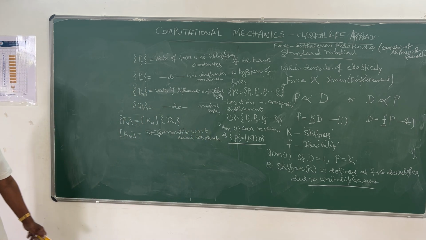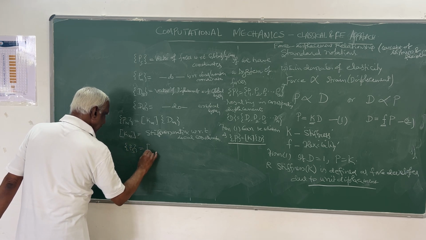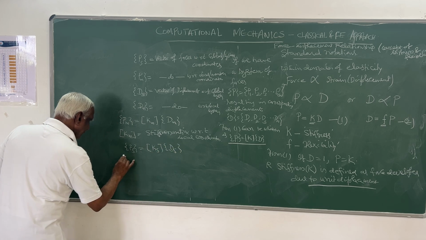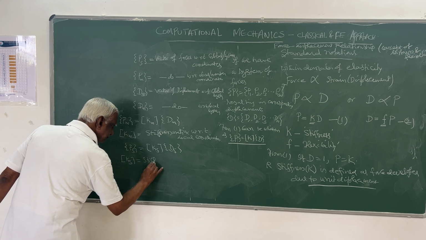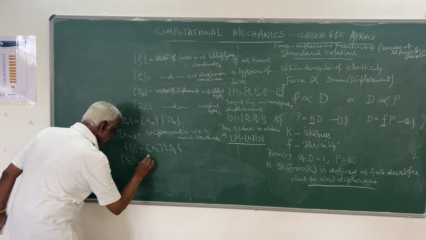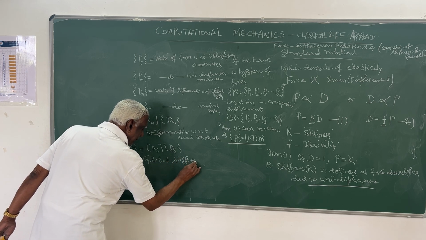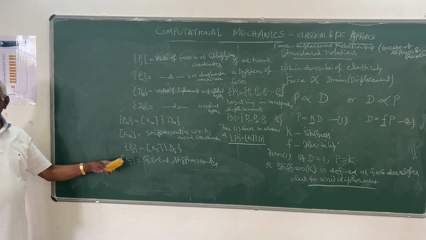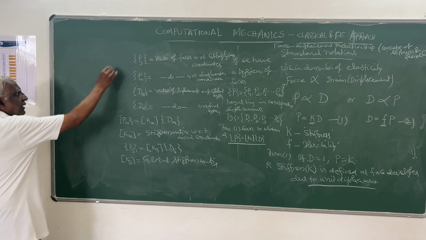Similarly PS is equal to KS DS, and KS is the global stiffness matrix or system stiffness matrix. This is element stiffness matrix. This is global or system stiffness matrix.